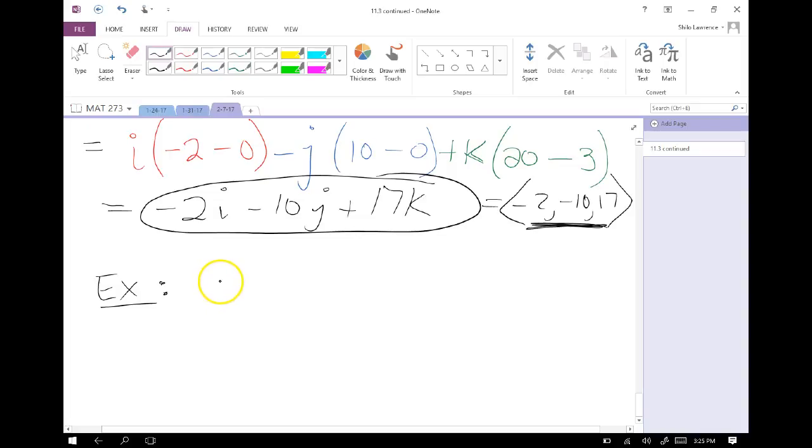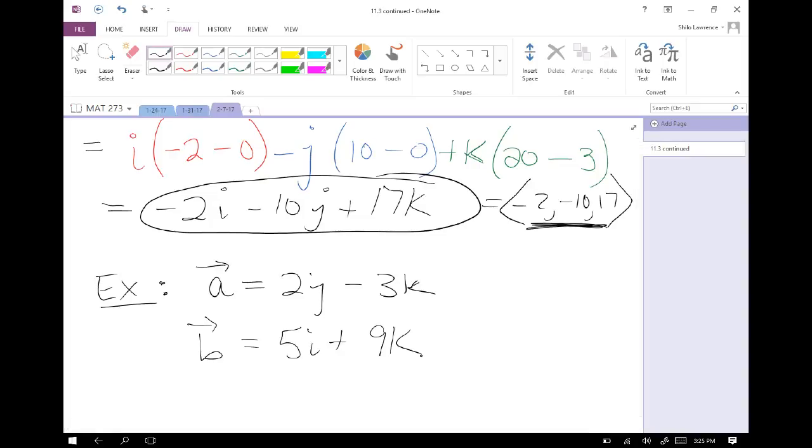But if we had vector A equal to 2j minus 3k, and then vector B was 5i plus 9k, we would have to recognize which ones are missing and put in coefficients of 0 when we set up our matrix. No, that would be along the lines of dot product, when you multiply corresponding components.